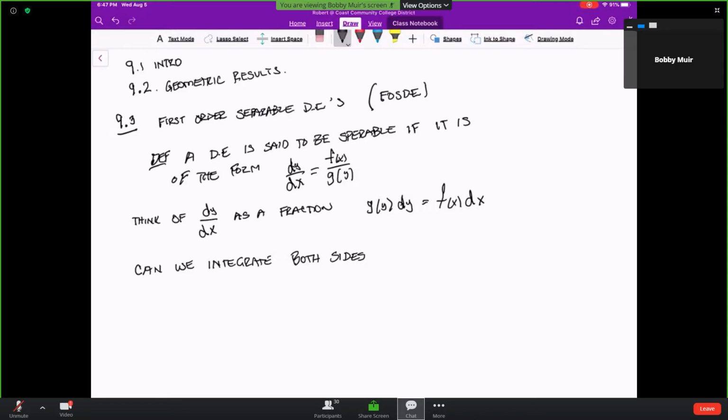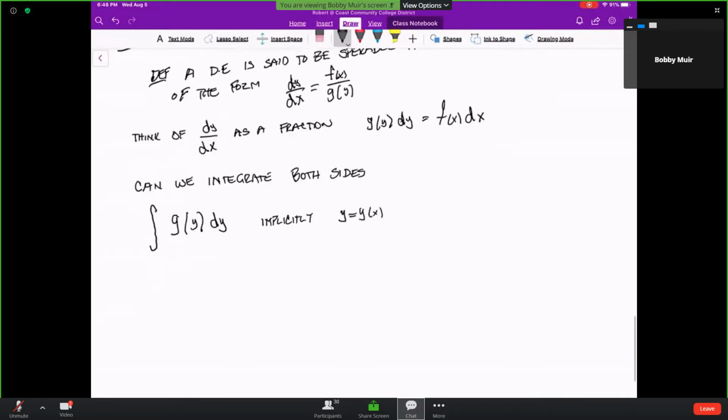If I want to integrate g of y dy, I'm going to do a variable substitution where implicitly we think that y is a function of x.